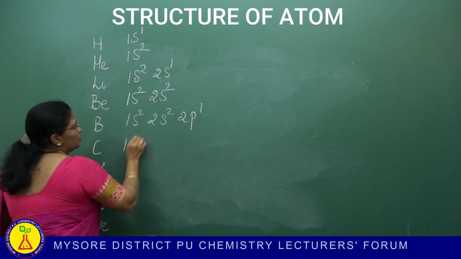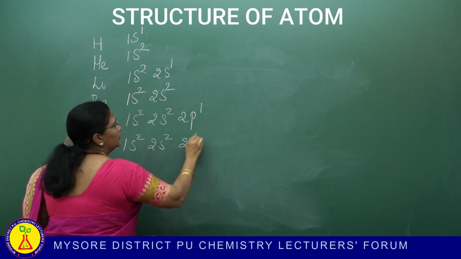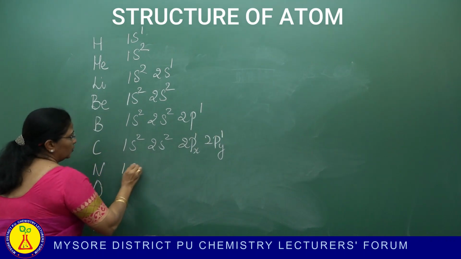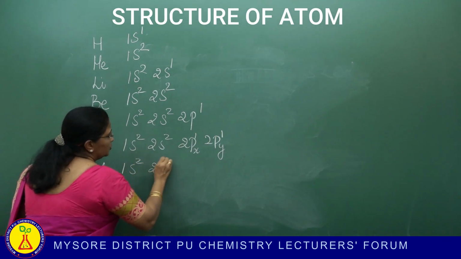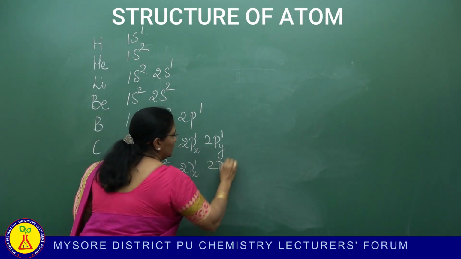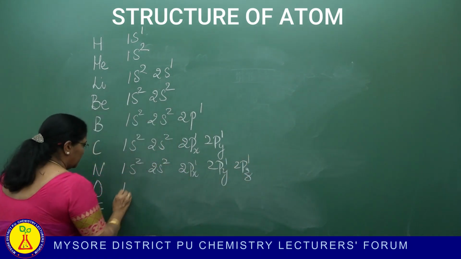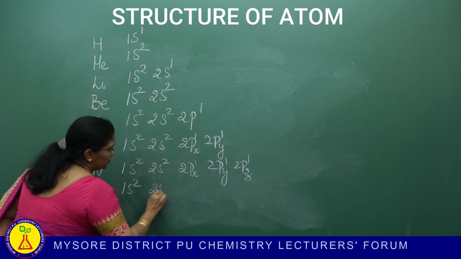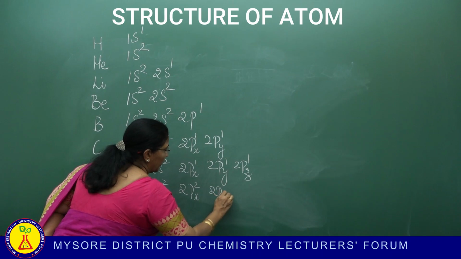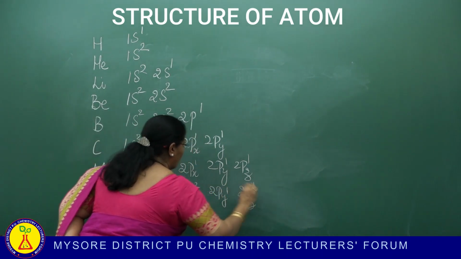Carbon 1s2, 2s2, 2px1, 2py1. For nitrogen 1s2, 2s2, 2px1, 2py1 and 2pz1. Oxygen 1s2, 2s2, 2px2, 2py1 and 2pz1.